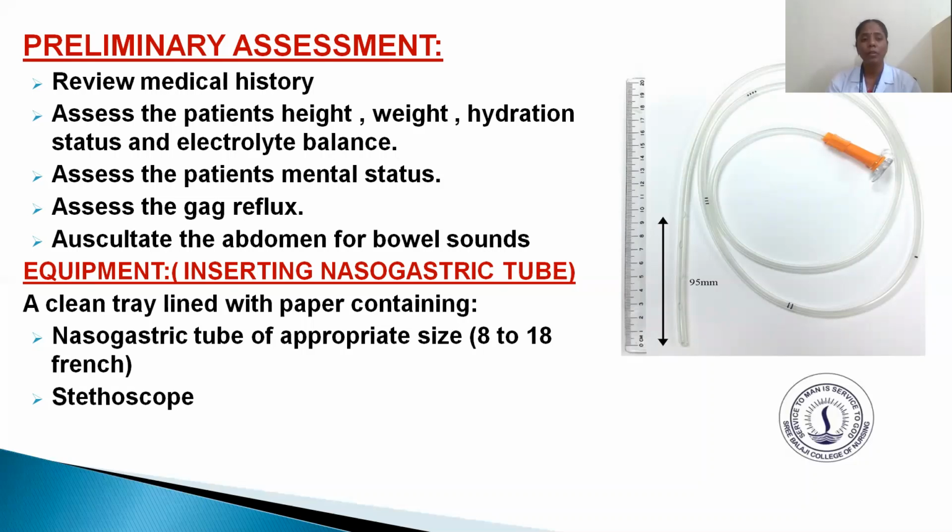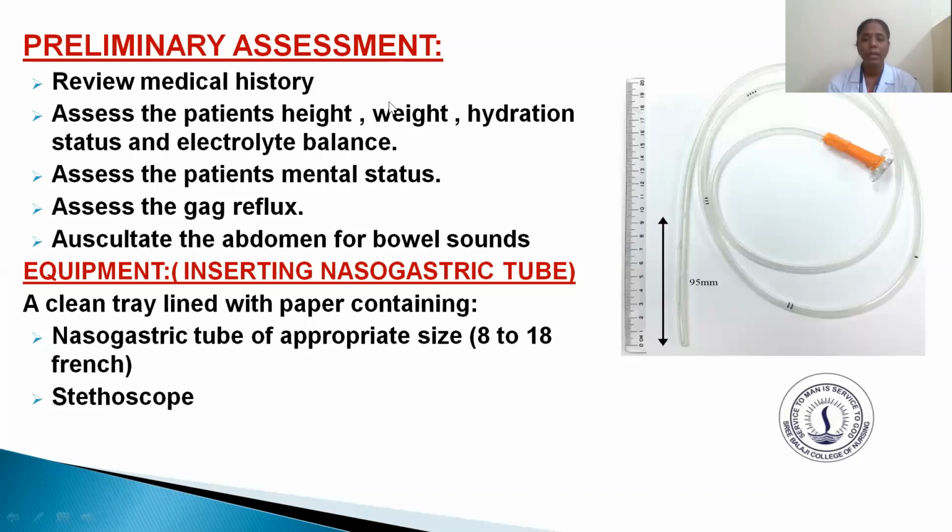Next, we move to the equipment. What things are needed when you are inserting the nasogastric tube? A clean tray lined with paper containing a nasogastric tube of appropriate size, 8 to 18 French, and a stethoscope. You can assess the level and sizes also.